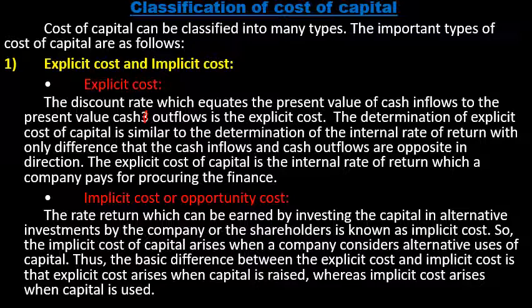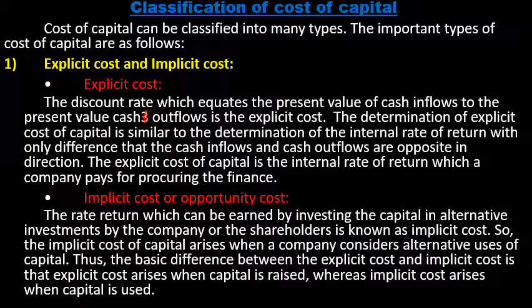Another type is implicit cost or opportunity cost. The rate of return which can be earned by investing the capital in an alternative investment by the company or the shareholder is known as implicit cost.